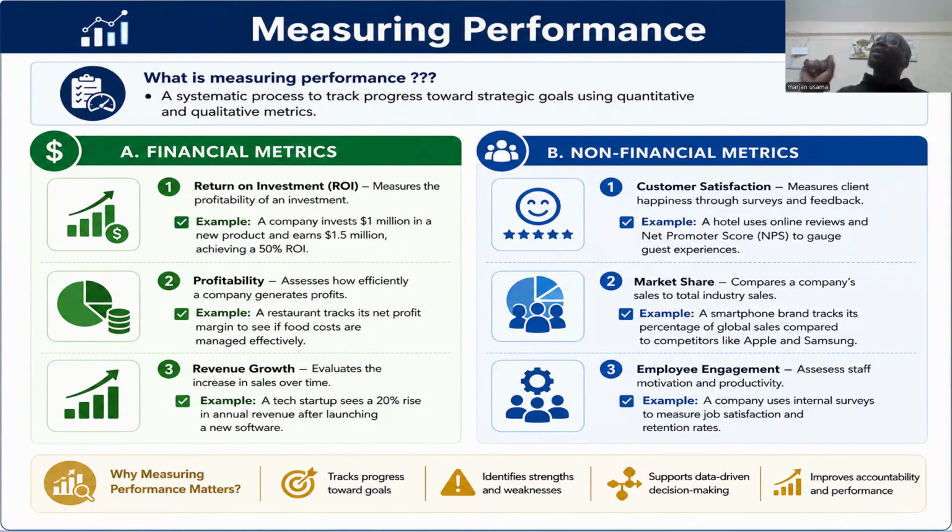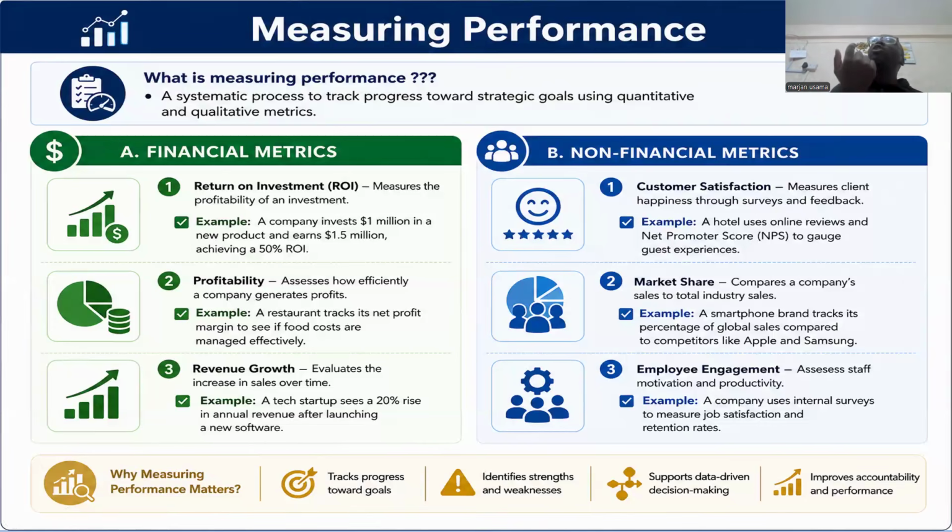So when we are measuring our performance, there are two ways. We have the quantitative, which is the financial metrics, and we have the qualitative. Qualitative is non-financial. So what is the difference between the two? Number one, we have the financial metrics. These are the quantitative.